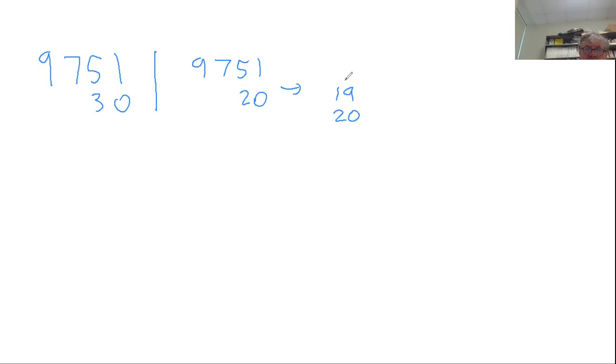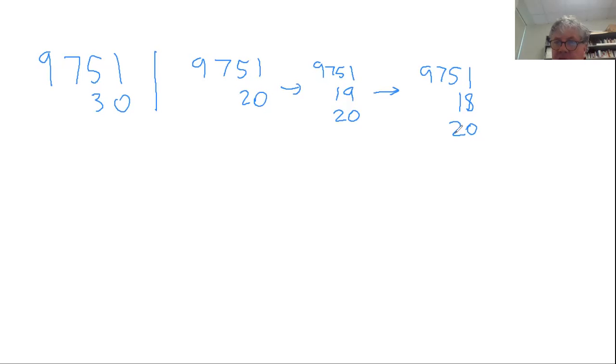This is in base 40, and we still have 9751. Now we work on the 1. 1/40th of 1 is a 40th. So we reduce things by a 40th, and that's pretty easy because that now becomes 9751, 18, 20.